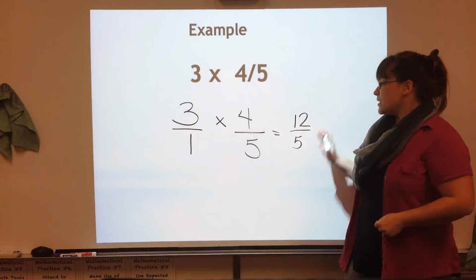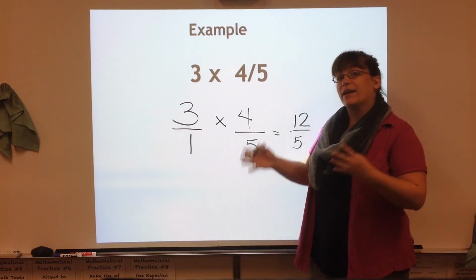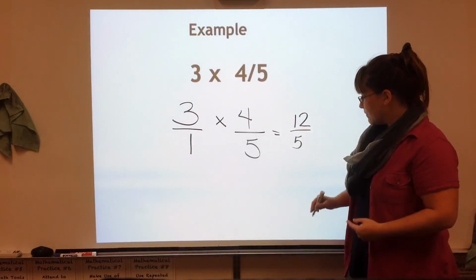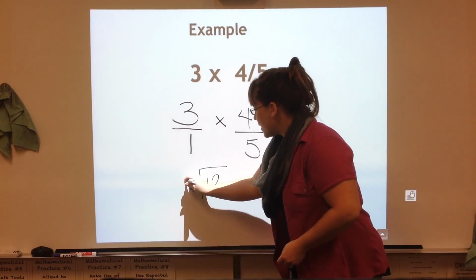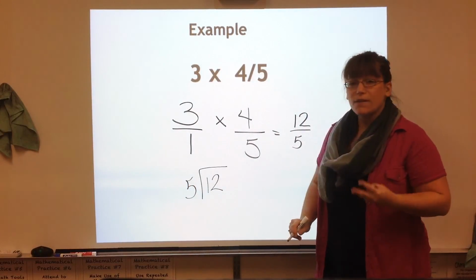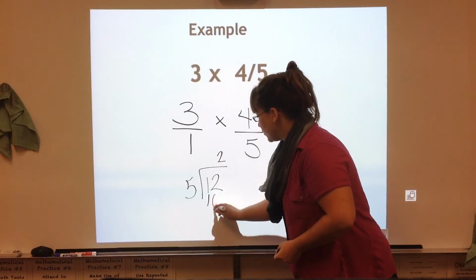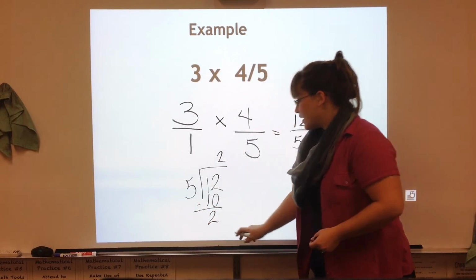Now we can't leave this as an improper fraction. In order to convert back into a mixed number, we have to take this and divide. So I'm going to take the numerator divided by the denominator. 5 times 3 is 15, that's too high. So I'm going to do 5 times 2, and when I subtract, I get a 2.